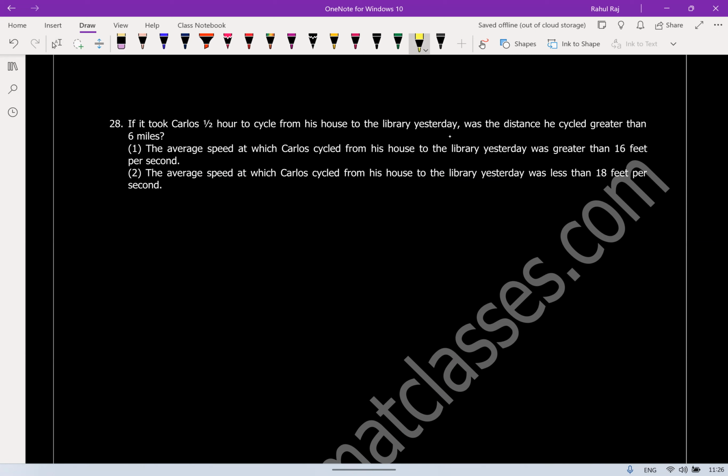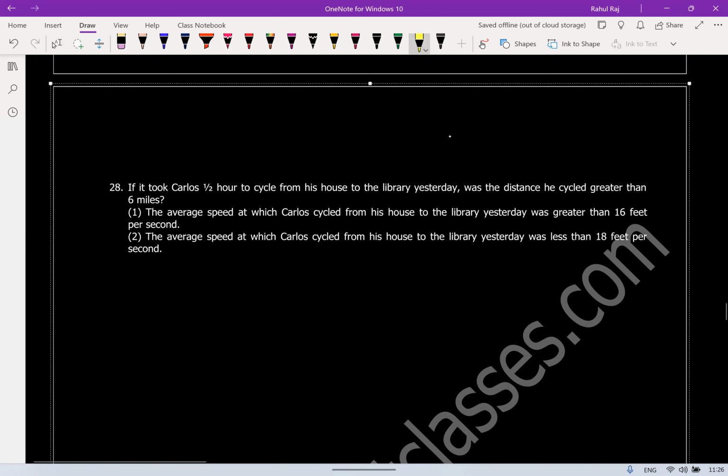Question number 28. If such questions are asked in your exam, the conversion will be given to you in the exam. So here I can say 1 mile is equal to 5280 feet.